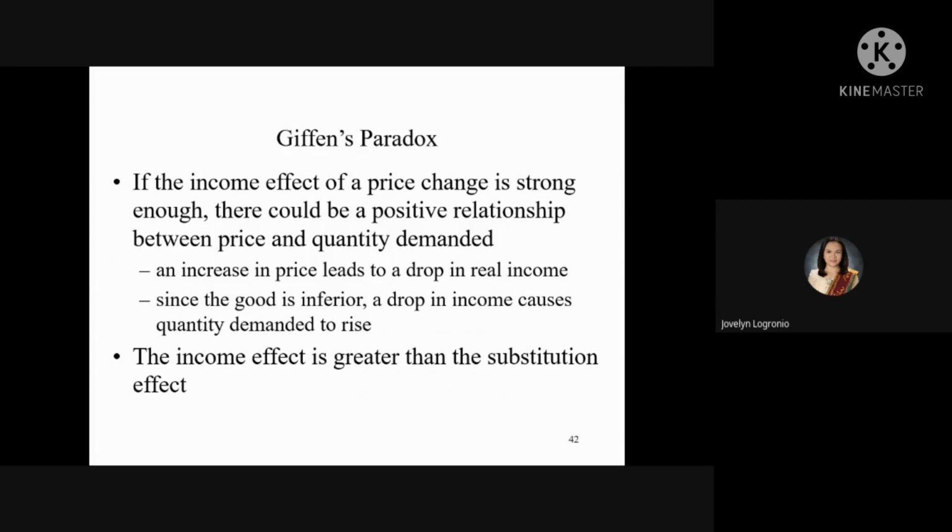But in the case of a Giffen good, the relationship between price and quantity demanded is positive. Ibig sabihin, as price of good X, for example, increases, then still consumer buys more of that good. So the quantity demanded also increases. So anong nangyari?